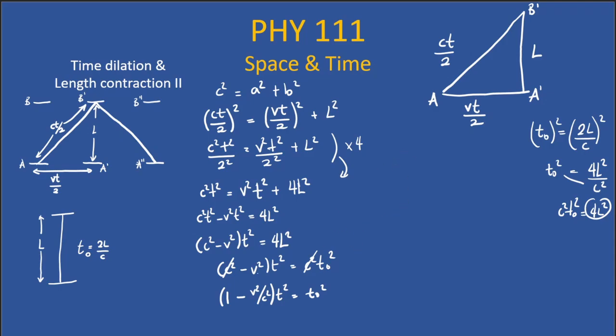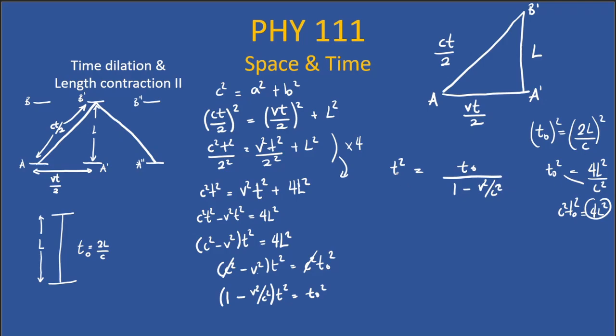So that's going to be t squared is equal to t naught squared all over 1 minus v squared over c squared.